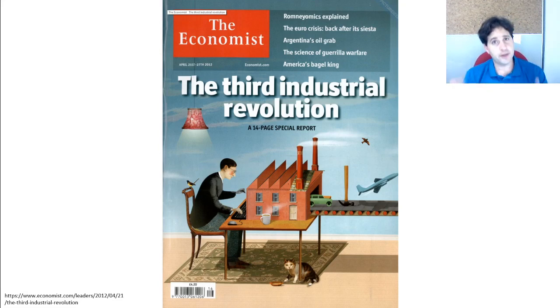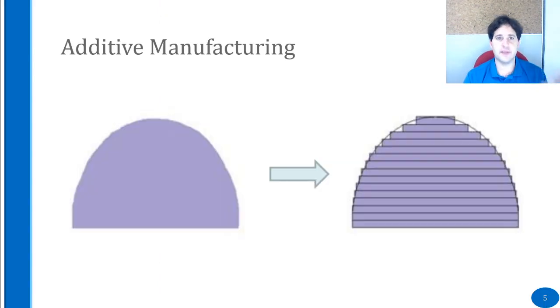The second one, by the way, was mass production and pipelining, but the third one is exactly the opposite of centralization, where there's a new phenomenon that every computer in every house becomes a small factory. And of course, what I'm talking about is additive manufacturing.